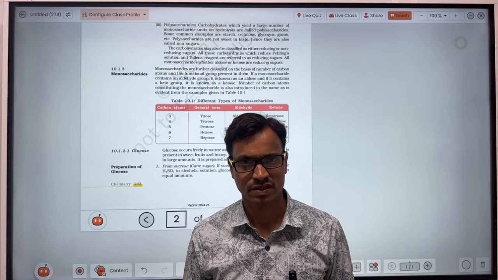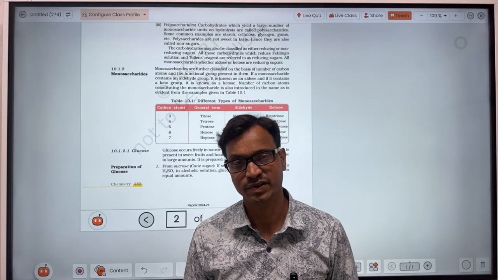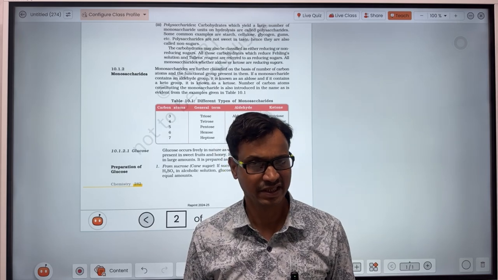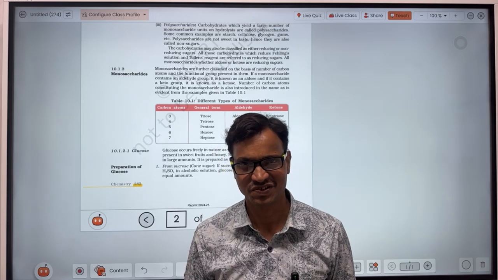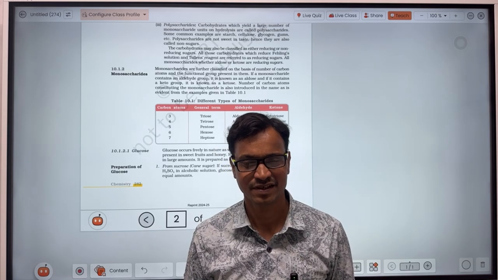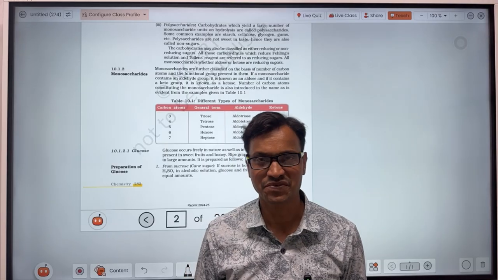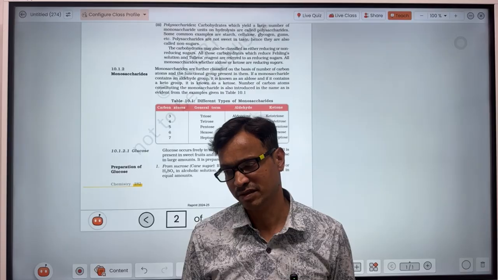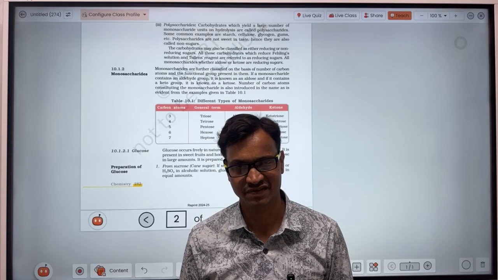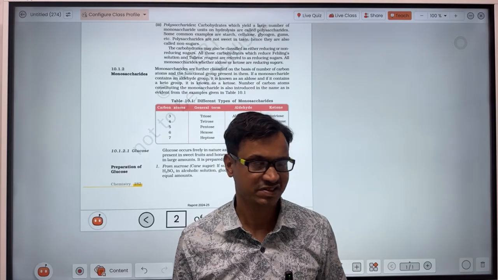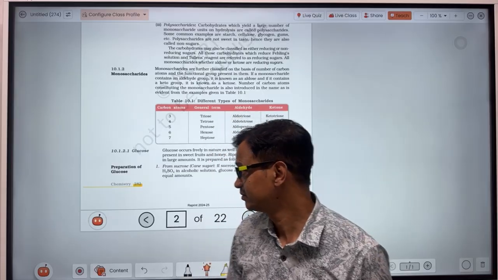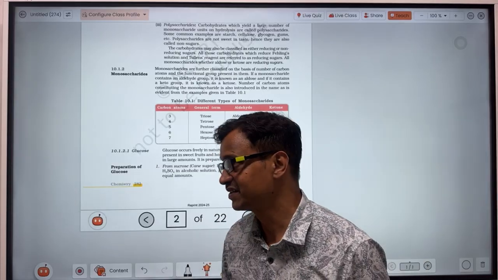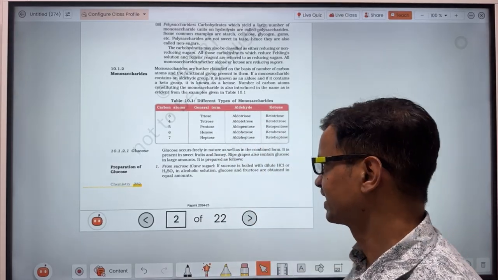Glucose and fructose are enantiomers of each other, that means they form non-superimposable mirror images. The second point is optical activity.